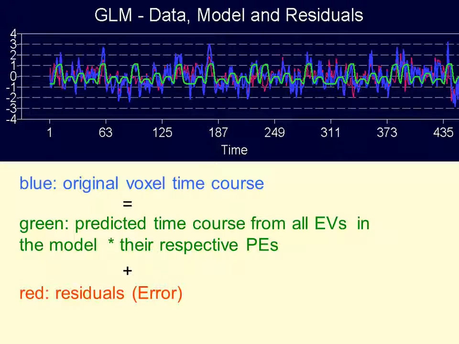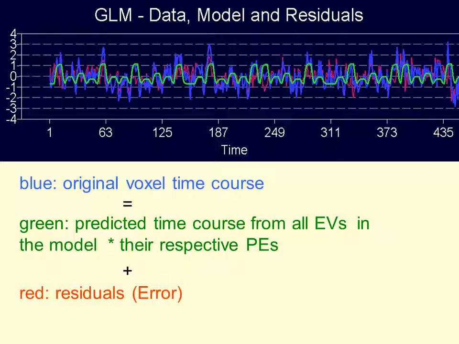If we skip forward to this place here around time point 240-ish, here the model is predicting in green a positive deflection upwards in the signal that just didn't happen, and so therefore the difference between the model and the data is in this case negative. We've got a negative value of the residual.